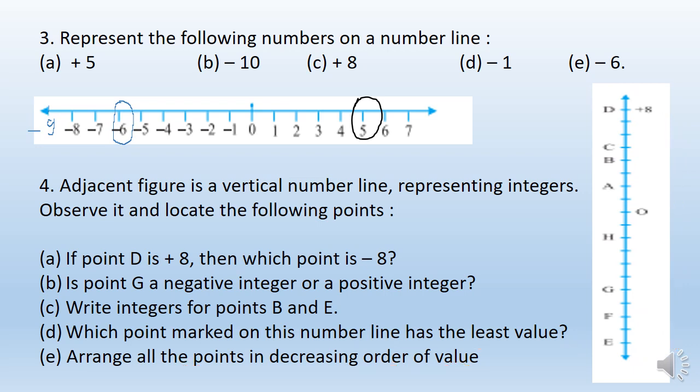So first point is D, second is C, B, A, H, G, F and E. Like this we have to arrange them in decreasing order. Clear, children? All these questions till question number 3, you have to write in your copy. Draw all the diagrams and do it properly.